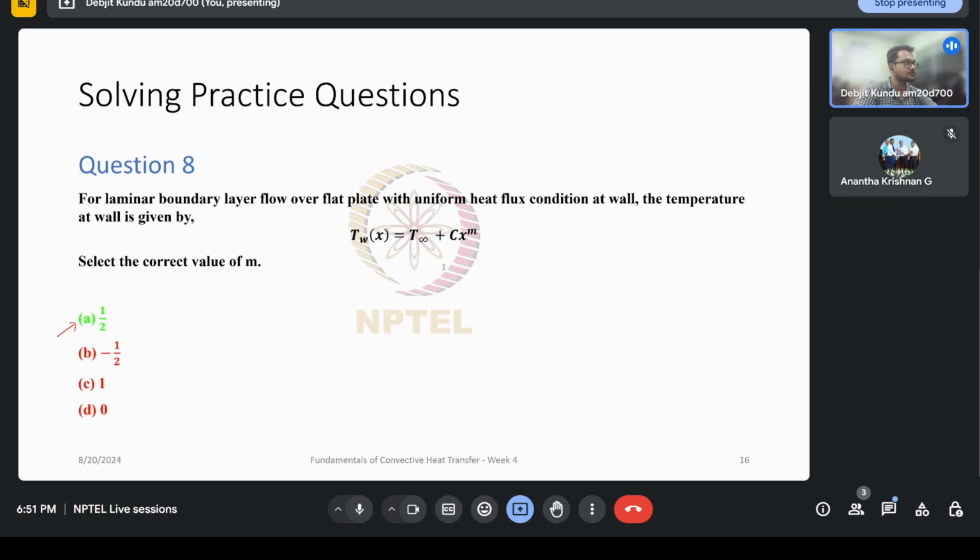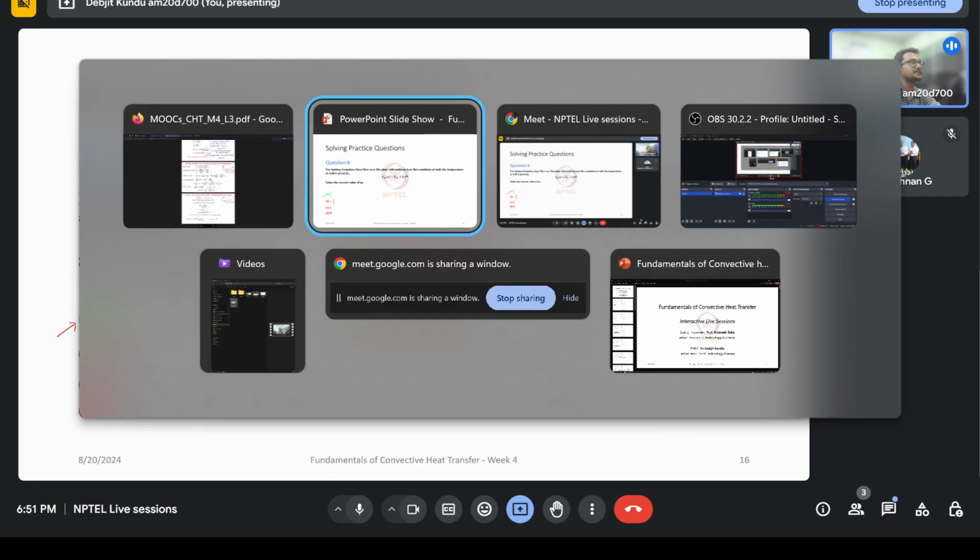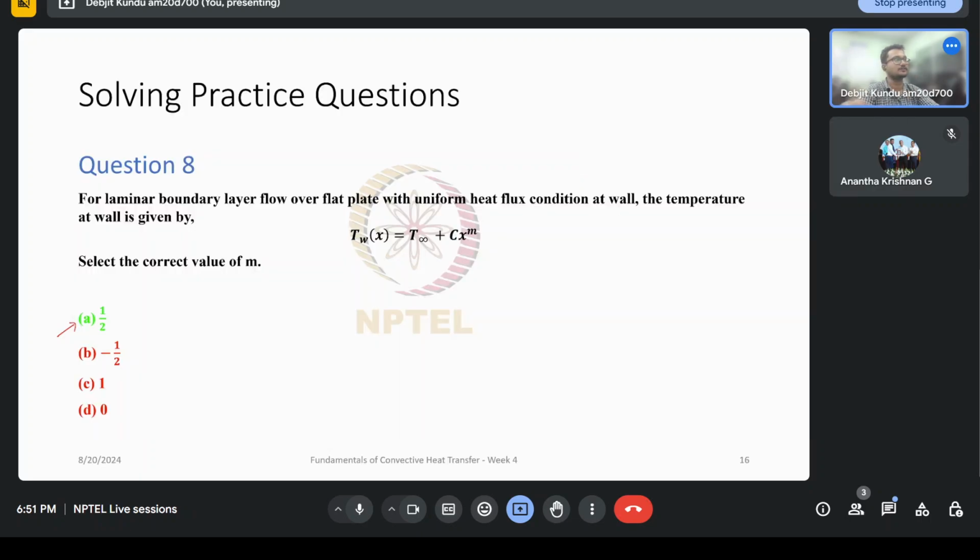Or we can do it using the Nusselt number definition as well. Maybe. Let's see. So if we try to solve this using the Nusselt number definition, the Nusselt number at x is given by some constant c into Reynolds number to the power half into Prandtl number power one third.